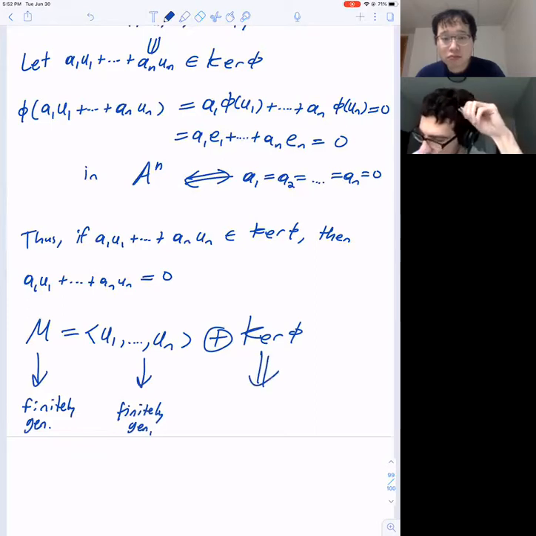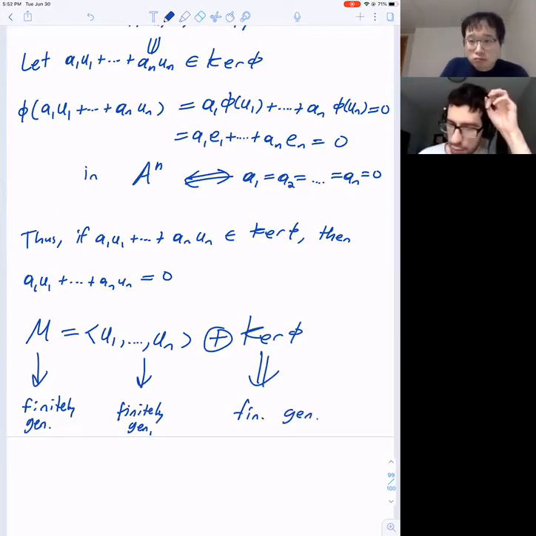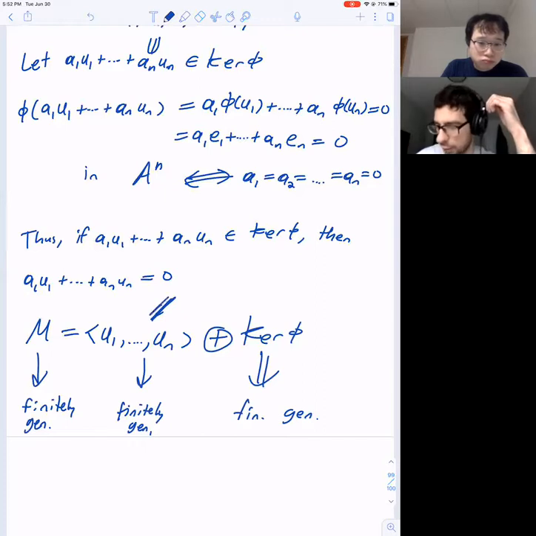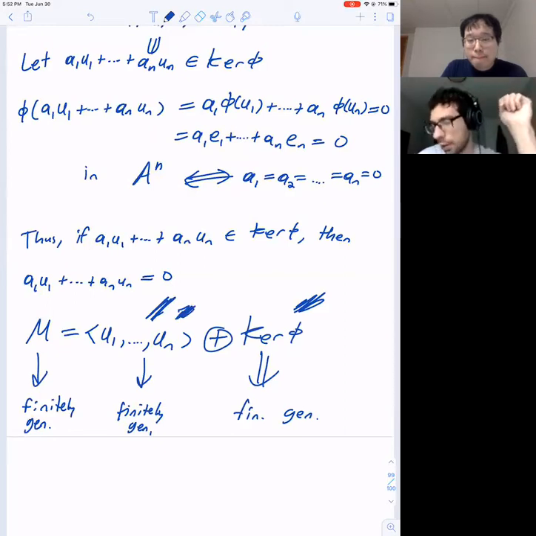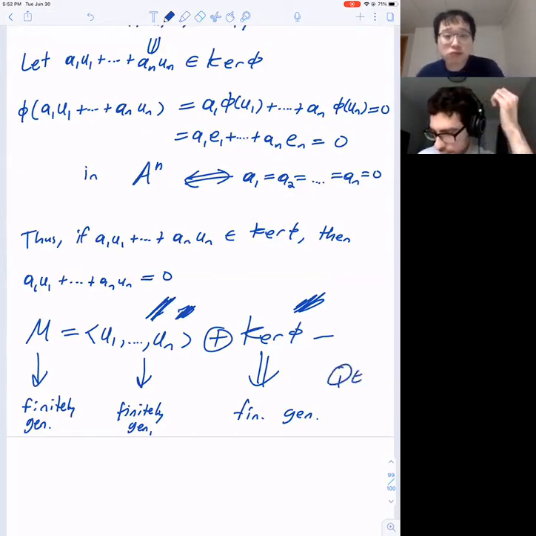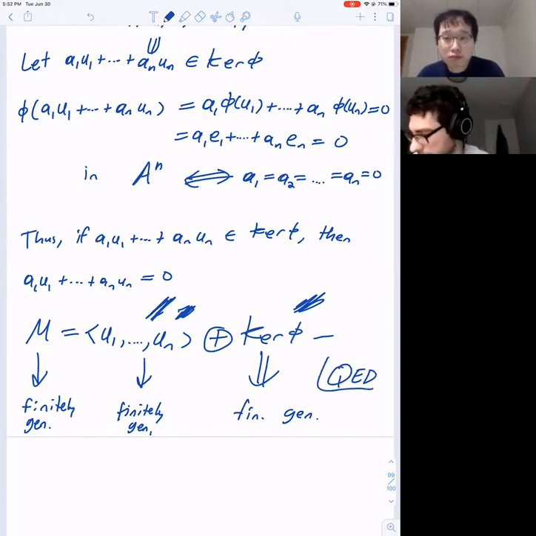So this must be finitely generated, because the size of the basis of m will be the size of the basis of this plus the size of this basis. The basis of this has size less than or equal to n, so this must also be finite. And so we are done. So the kernel is also finitely generated.